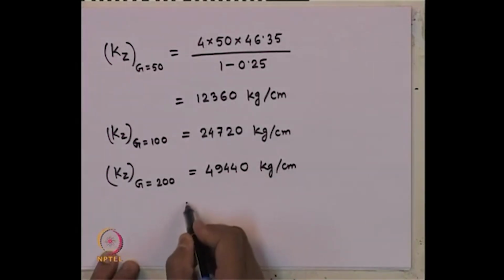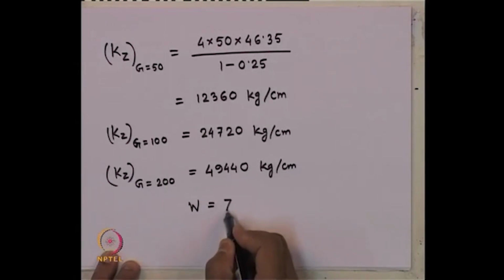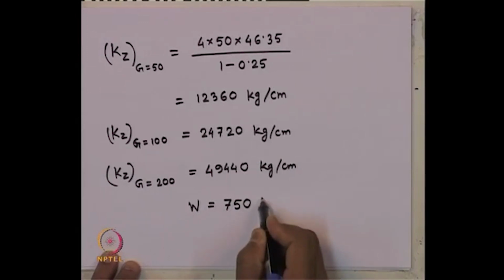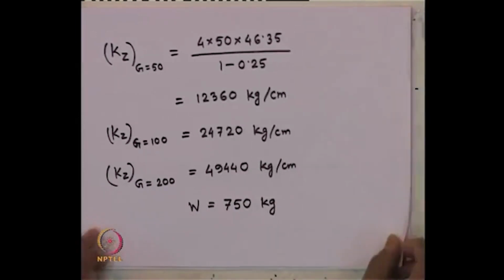Now, how much is W? The total weight of machine plus foundation system is 750 kg force. It is given to us.